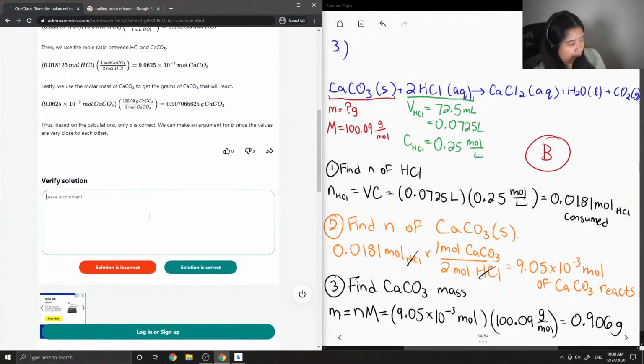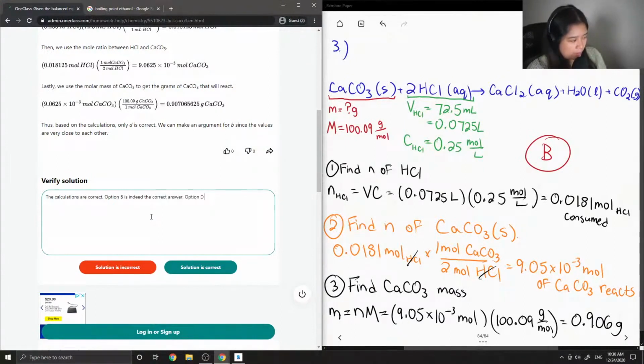Well, B is actually correct. I'm just going to say that the calculations are correct. Option B is indeed the correct answer.